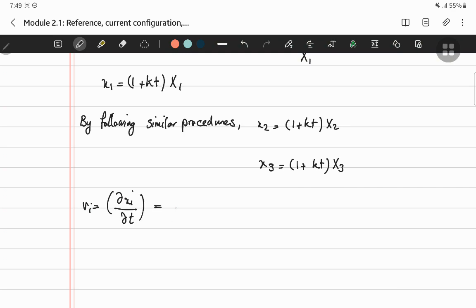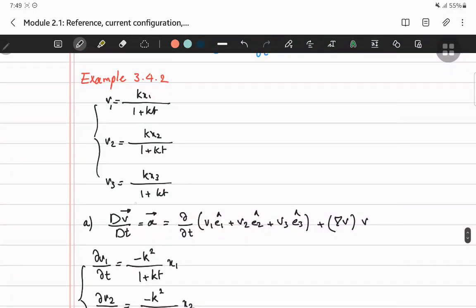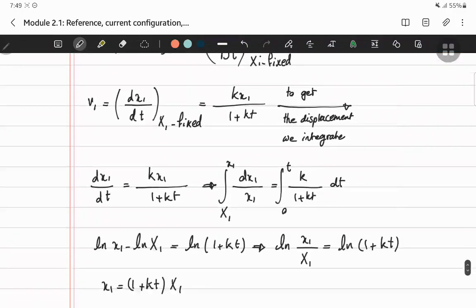So it is equal to k x1 e1 plus k x2 e2, and then k x3 e3. So you see here that all these refer to a constant value for v1, v2, and v3, similar to what we already had in the spatial description.